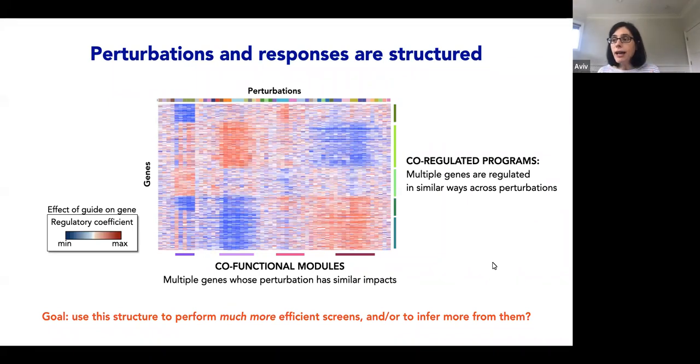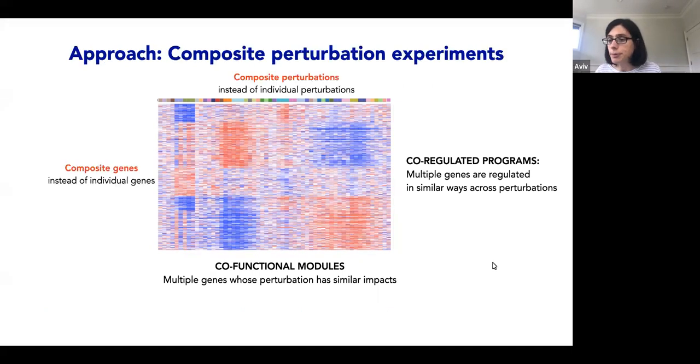And this brings us back to this regulation matrix and how structured it is in both the perturbed genes and the responding genes. So could we use this structure to make more efficient experiments by using similar insights to the ones we had before, either no longer measuring, say, individual genes and individual perturbations?